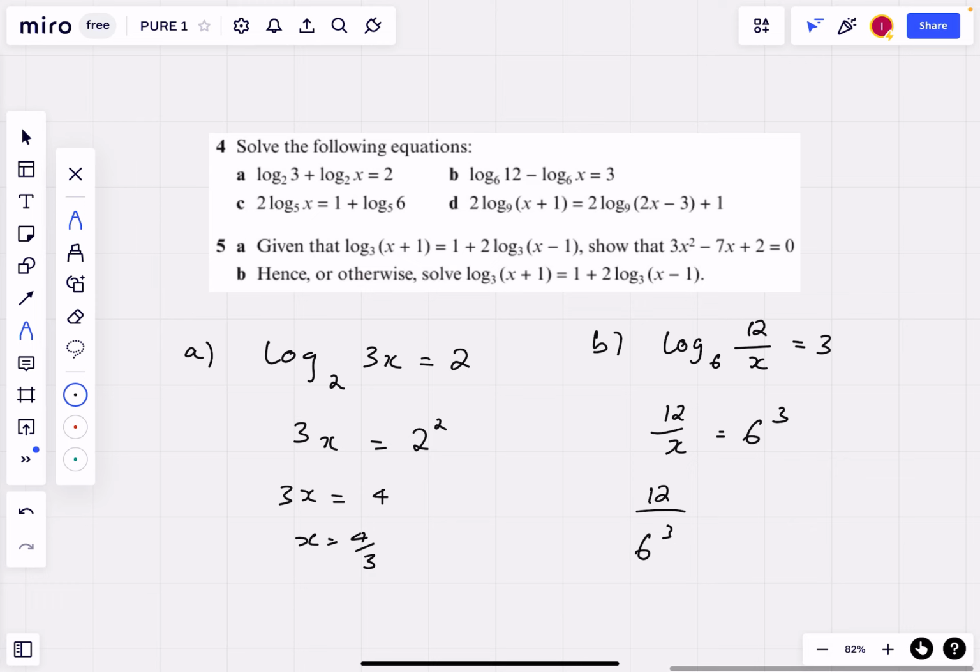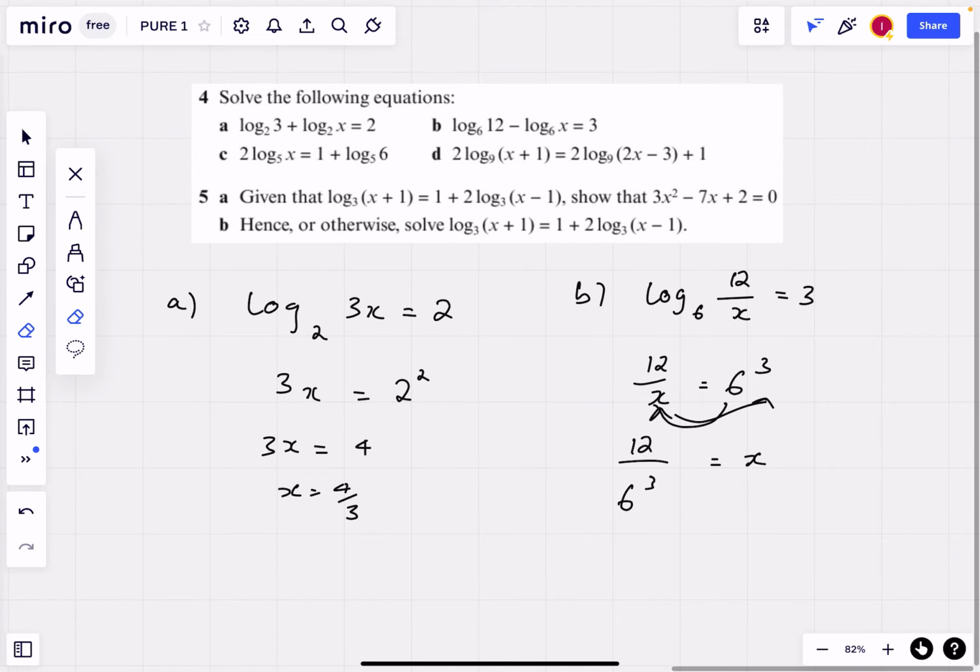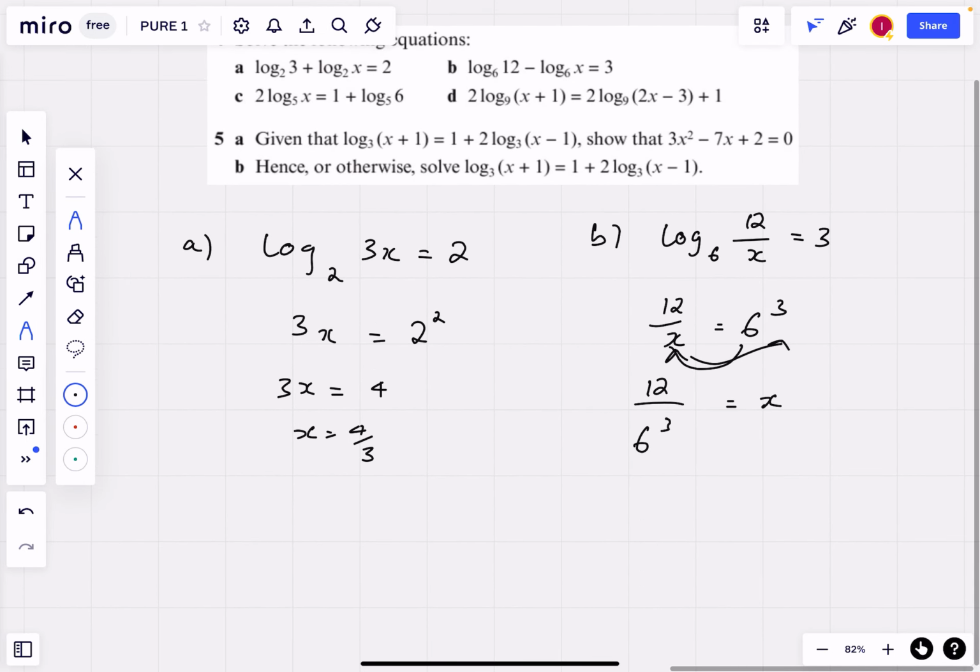Move this there, move that to the other side. So you end up with x equals 1 over 18 after simplifying 12 over 6 cubed.